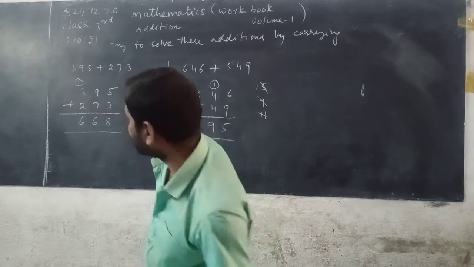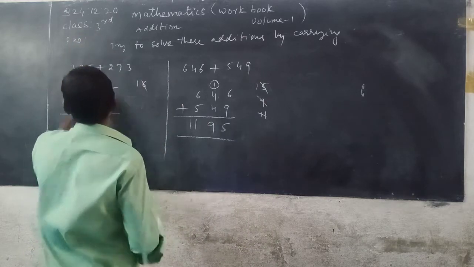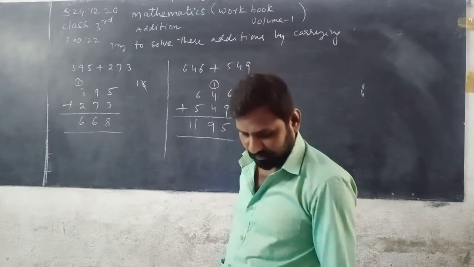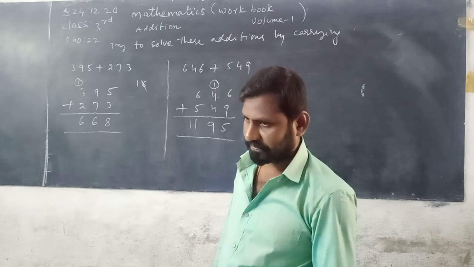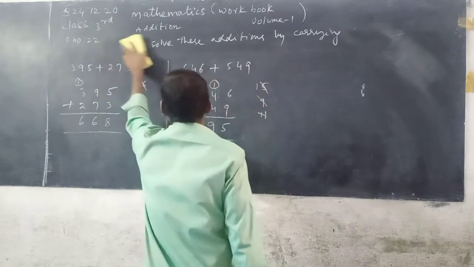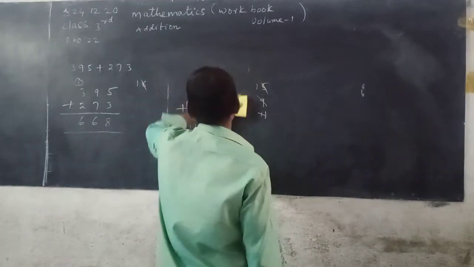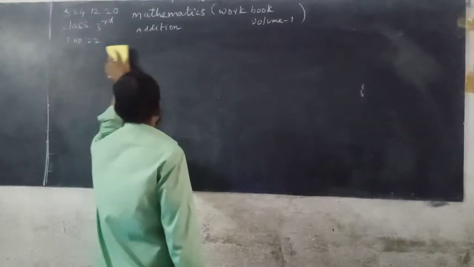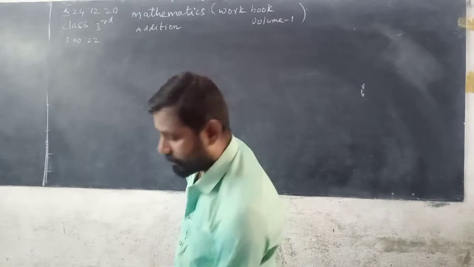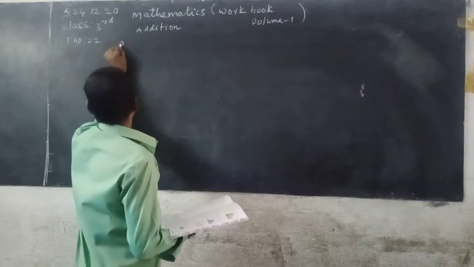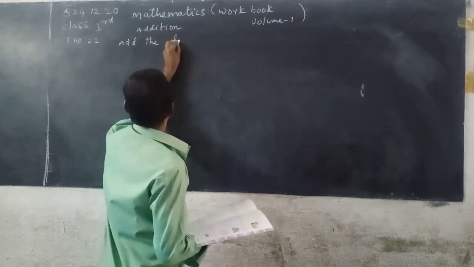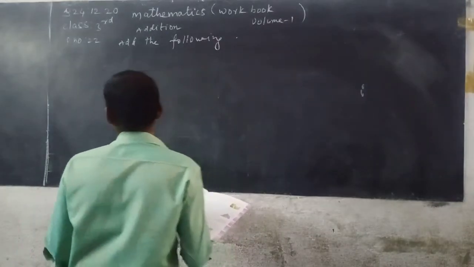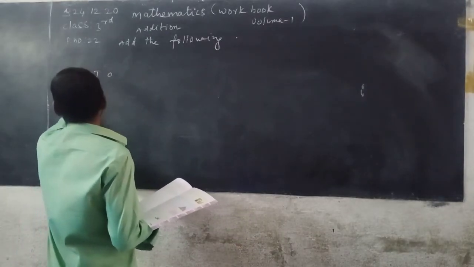Next, page number 22. Ones, tens, hundreds, thousands.